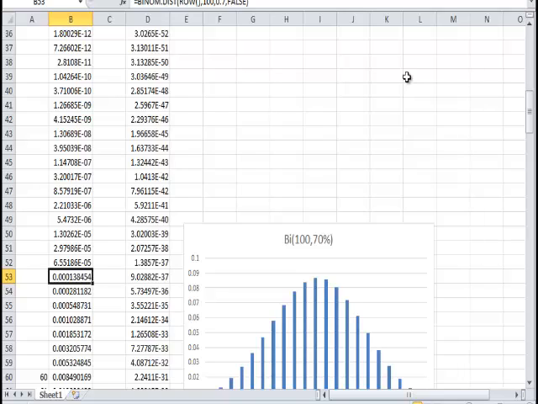Let me put it this way: you have a university where 70% of the students are females and 30% are males.